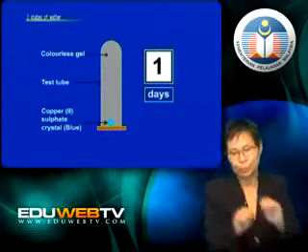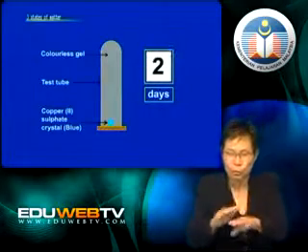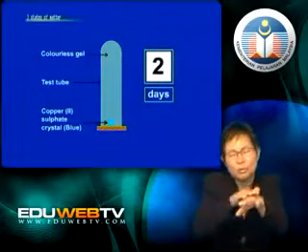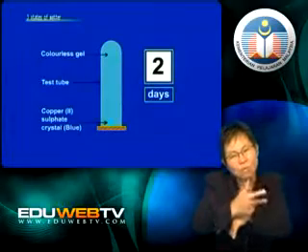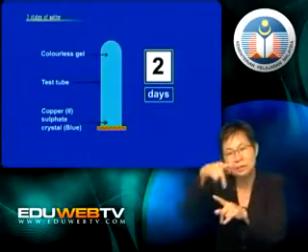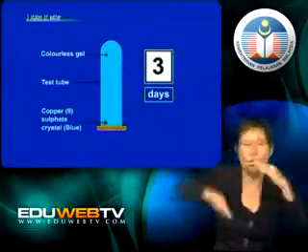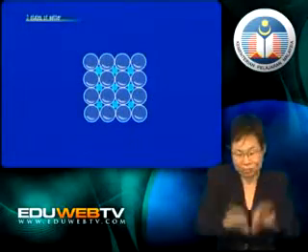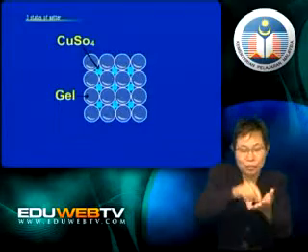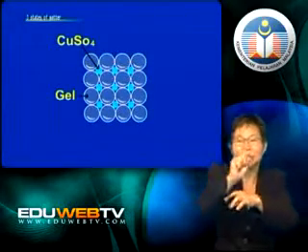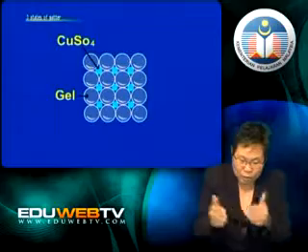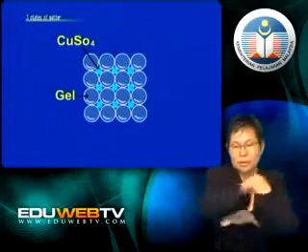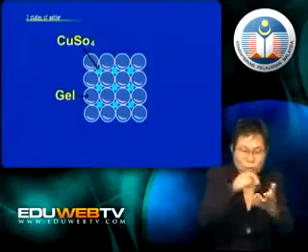The rate of diffusion is very slow. After a few days, the copper sulfate crystal disappears and the whole gel turns blue. This phenomenon proves that the particles in solids are arranged very closely together and the spaces between solid particles are small.